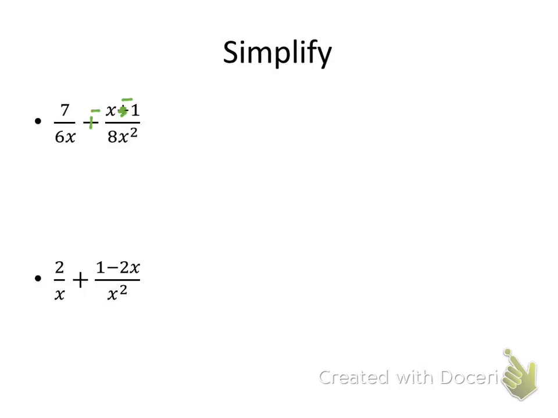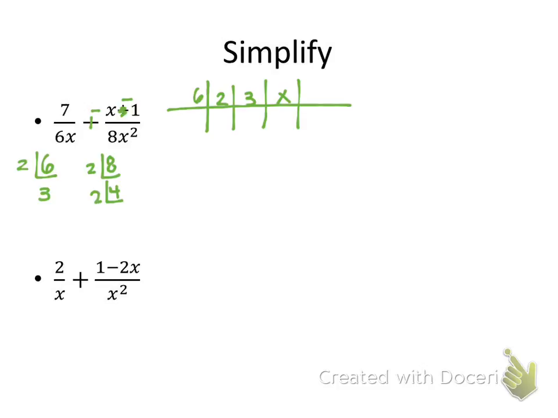Okay? So if you remember, we're going to do our factor boxes. So 6 is 2 and 3. So we have 2 times 3, and then we have an x in there. And now I have 8, so I'm going to do upside down division of 8: 2, 4, 2 and 2. So I put the things that line up together.